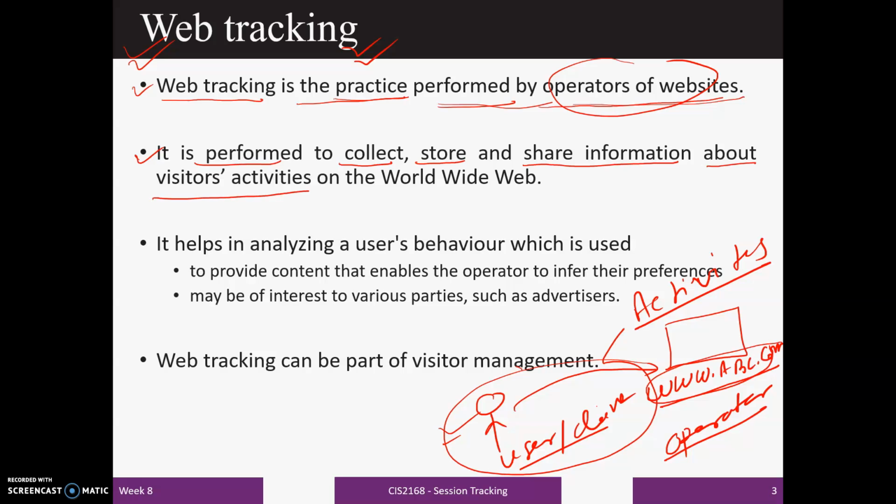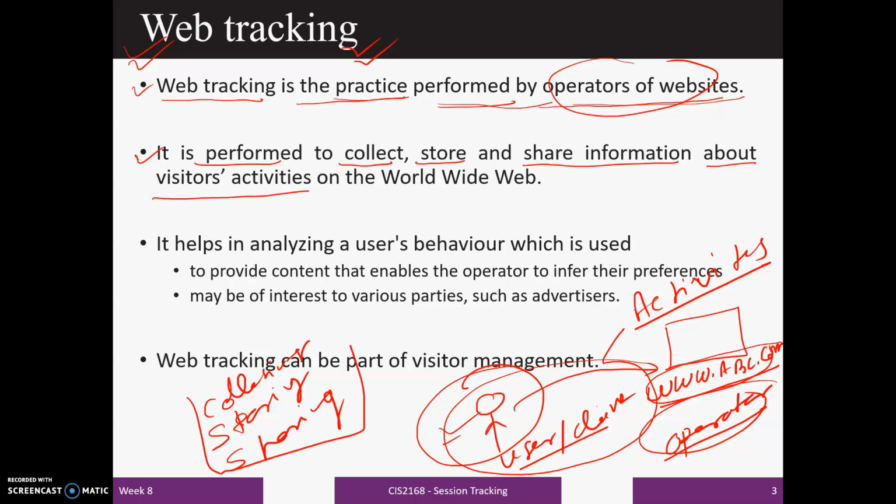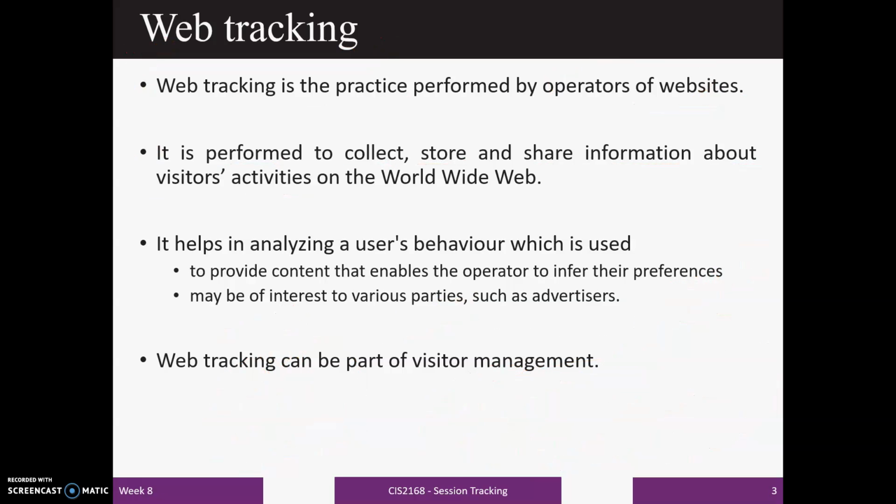So collecting, storing, and sharing. These 3 tasks will be performed by the operator to whom this website belongs. So this is what the operator will do in web tracking.